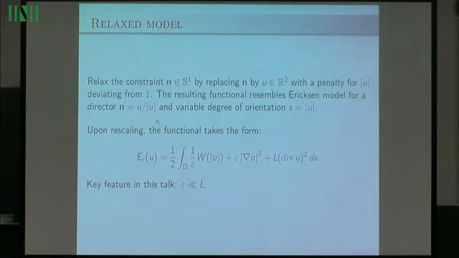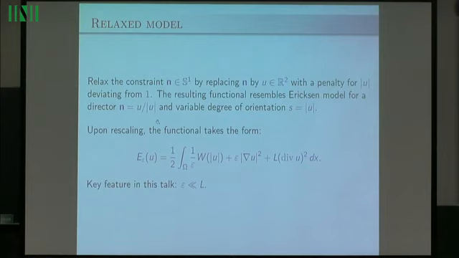And we want to relax this in the usual fashion, by writing something similar to what you usually have for a Ginzburg-Landau model, except that the gradient squared and divergence squared contributions are going to be penalized in a different way. And at the end of the day, I want to relax the constraint. So instead of a constraint, we're now penalizing for deviations of the magnitude of the director, in this case from 1.